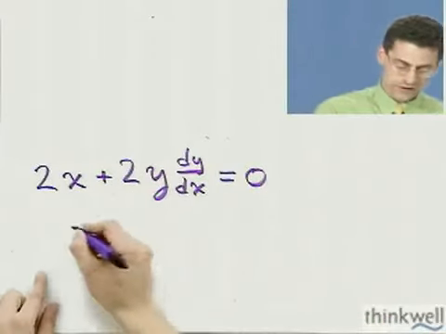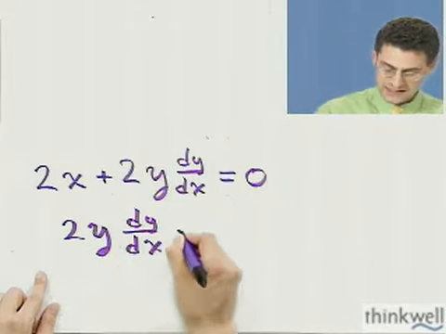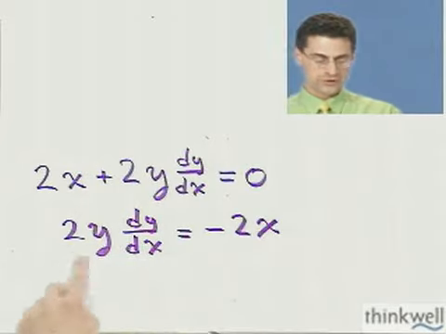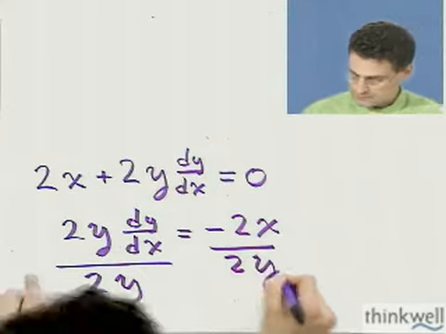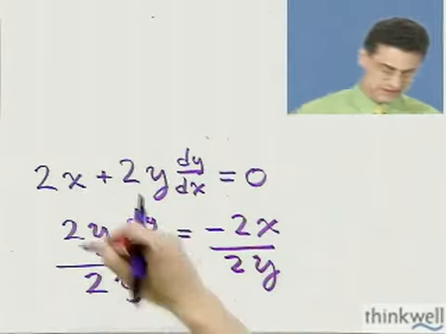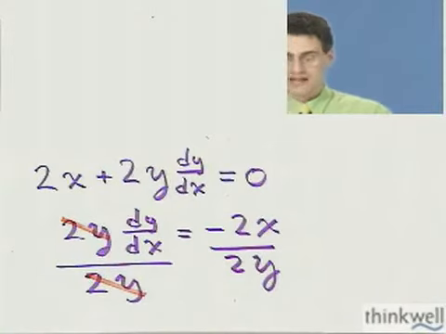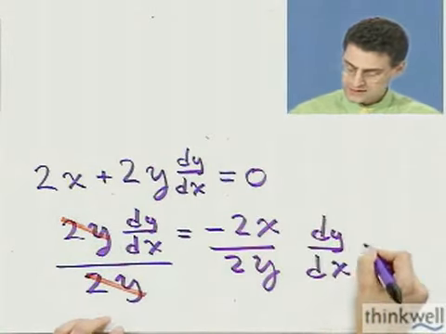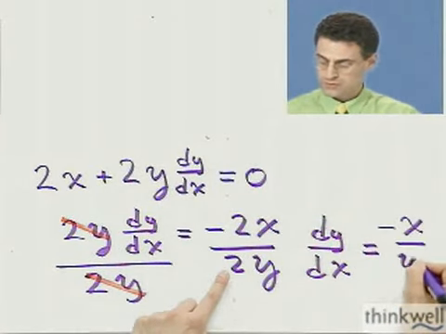So if I bring that term over, I see 2y dy dx equals minus 2x. And if I now divide through by the 2y on both sides, what do I see? Well, I see that the 2y's now cancel. And on the left-hand side, I'm just left with dy dx. So dy dx equals, and here I can cancel the 2's, and I see minus x over y.